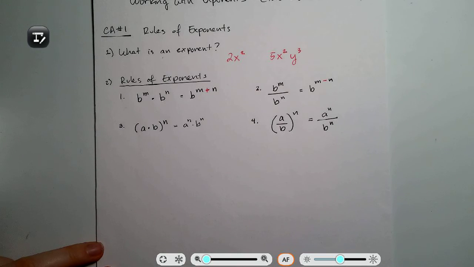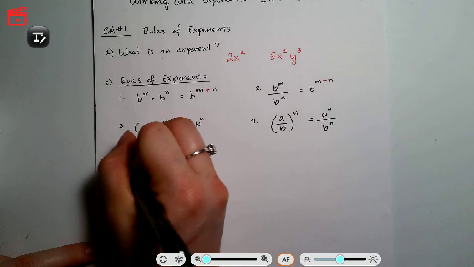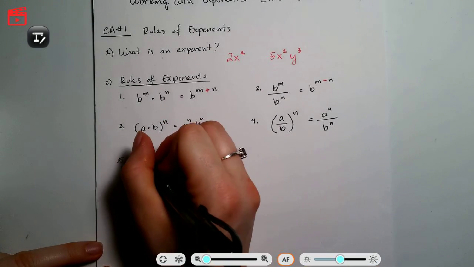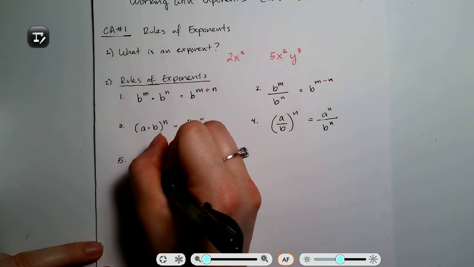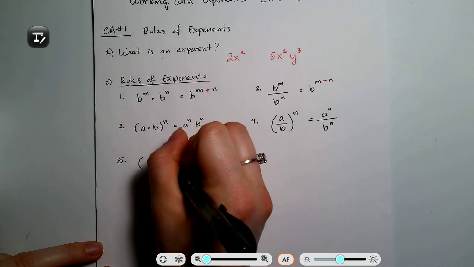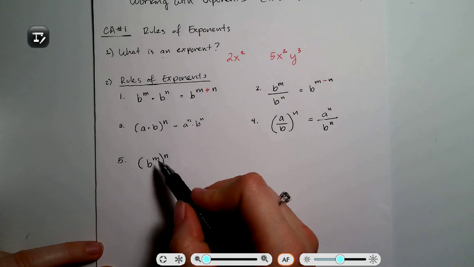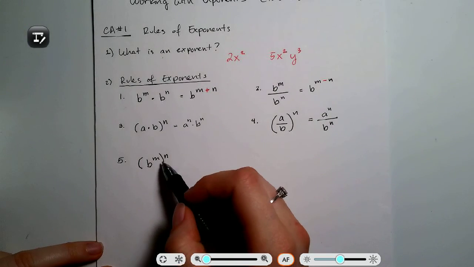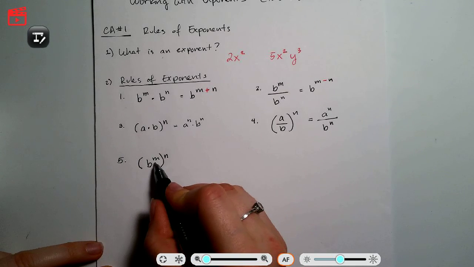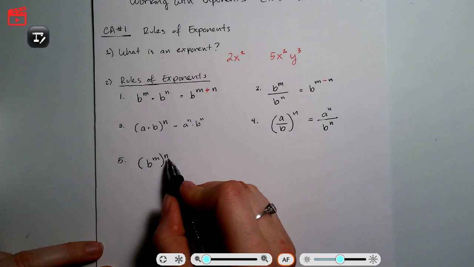Almost halfway through. All right, so number 5. Another parentheses problem. This one is called the power rule. It can look rather similar to this rule, but it's different because notice we have 2 exponents going on here.